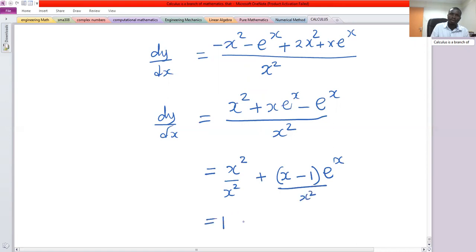So here it is the same as 1 plus x minus 1 over x squared, and then e raised power x. So that's the solution for the first problem.